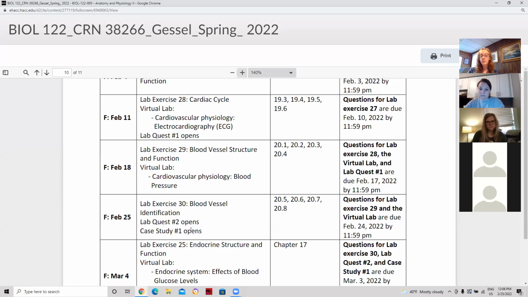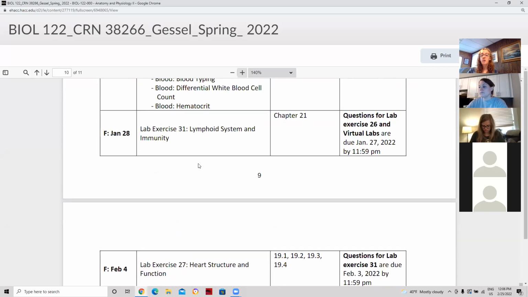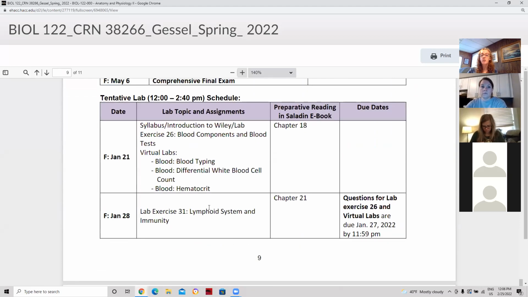It will open tomorrow morning. It's going to be similar to the case studies that we went over, and hopefully you think the questions are easier. Those were harder because it was material we were still going over in lab and lecture.